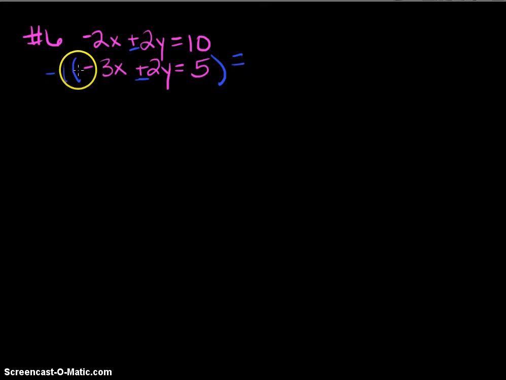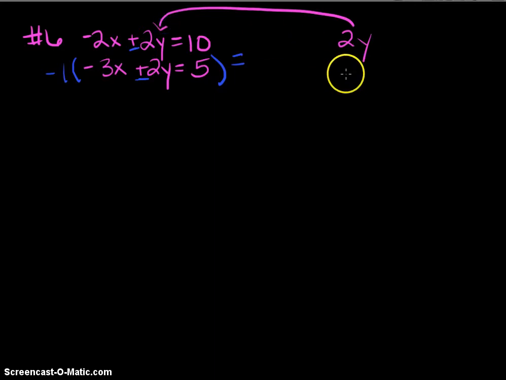And the reason why we want to do that, I'm going to come over here. This 2y, guys, I'm just getting from right over here. It'll all make sense in just a second. And this 2y here, when I get a 0 here, I want this to eliminate. So this needs to be a positive, and this needs to be a negative.